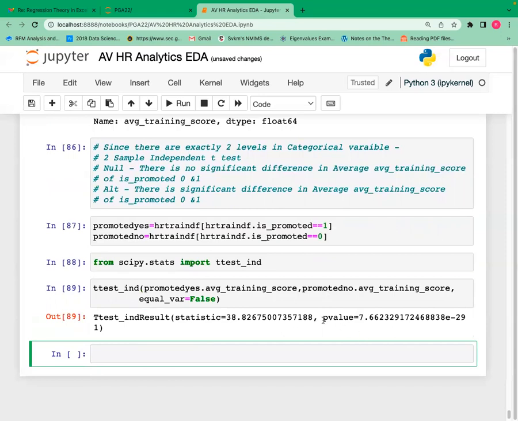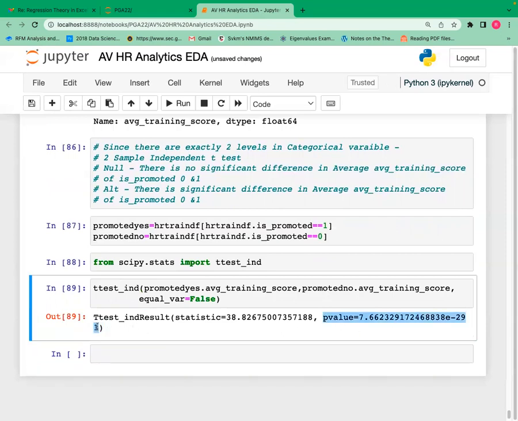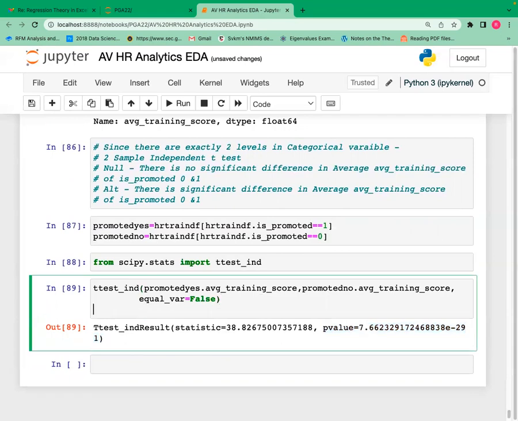So we got the p-value as less than 0.05. We reject the null.